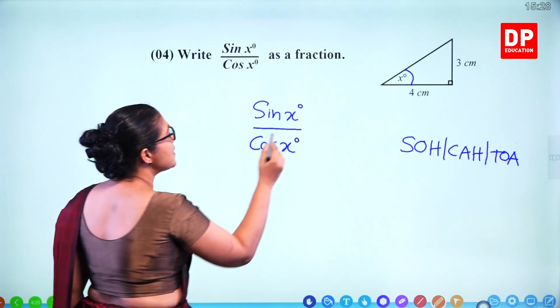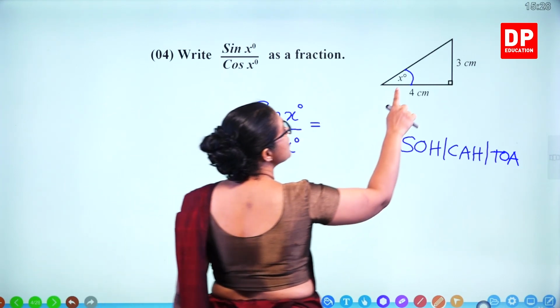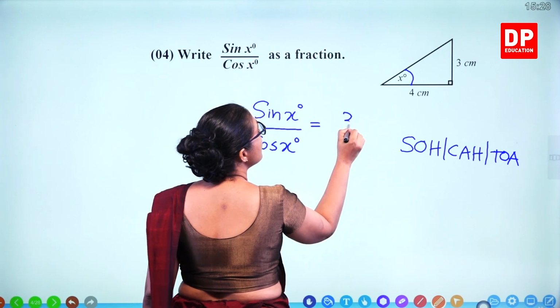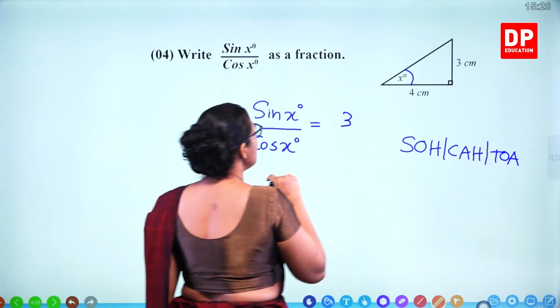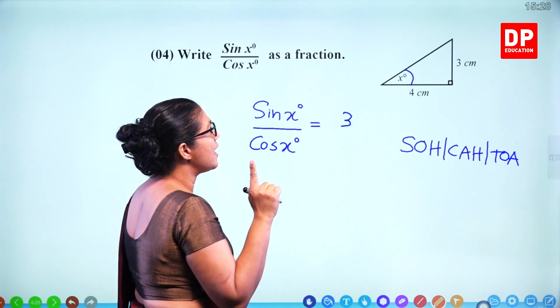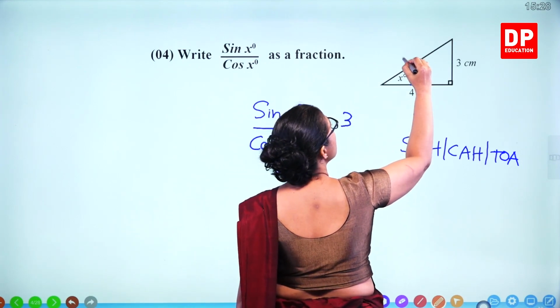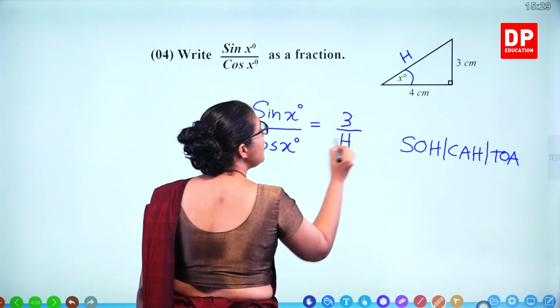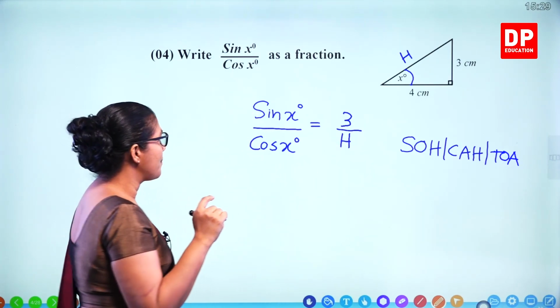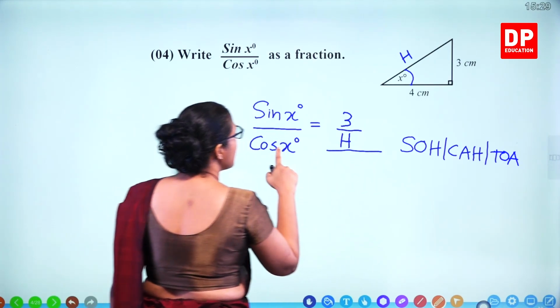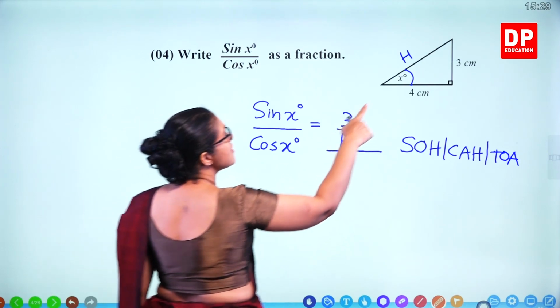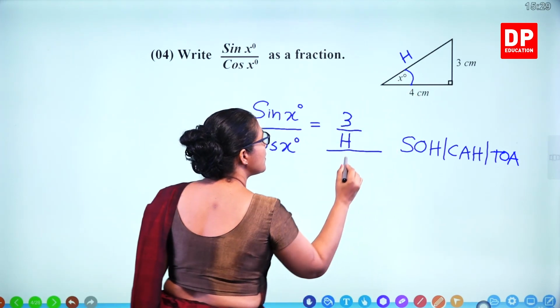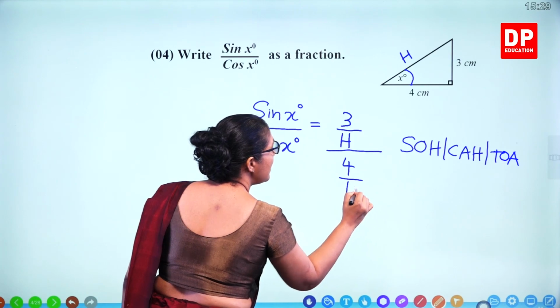Sin x is opposite over hypotenuse. So 3, and what's the hypotenuse there? Do you need that? We'll take h or something. h is the hypotenuse. I'll show you why we don't need the length of the hypotenuse. What's cos x? Cos x is adjacent over hypotenuse, over h.